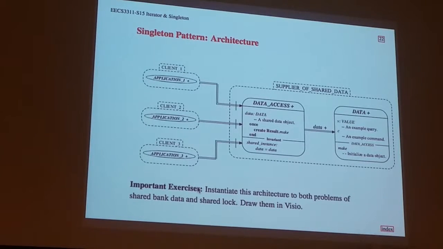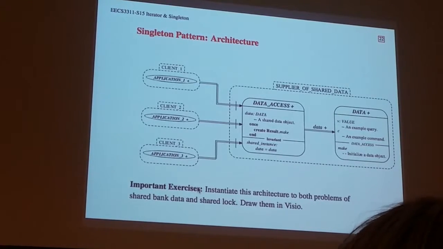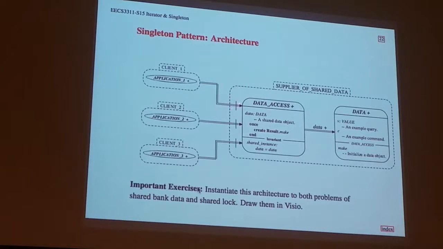Okay, so now let's see. We have more code to show you, and here you can see the vertical line crossing the client supplier link, that means expanded types. Okay, so we are making this data access class expanded. I'll show you why we want to do that.